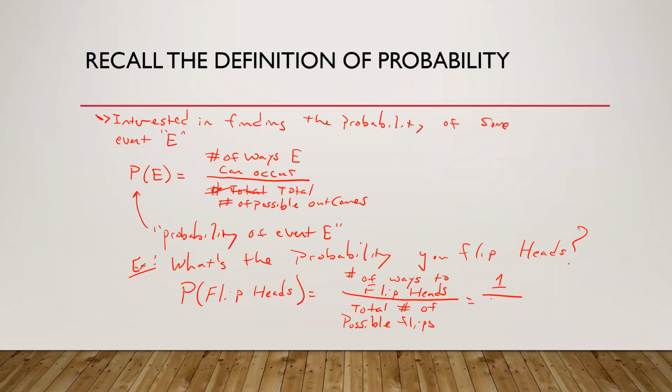There's no other way to flip heads. And the total number of flips is 2, right? Okay. Kind of ring a bell, at least this definition from the post-class lectures last week? Okay, great.